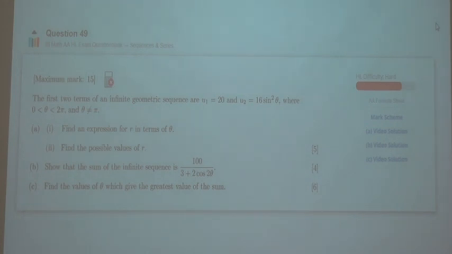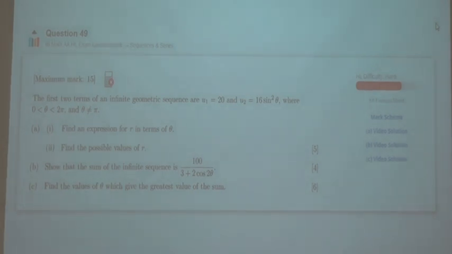So, what? You don't think we can? Why not? Oh wait, no, sorry. So that becomes 100 here. So 100 divided by 5 minus 4 sine squared, right? But even that doesn't give us that.